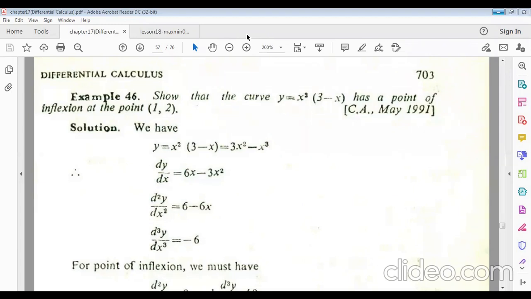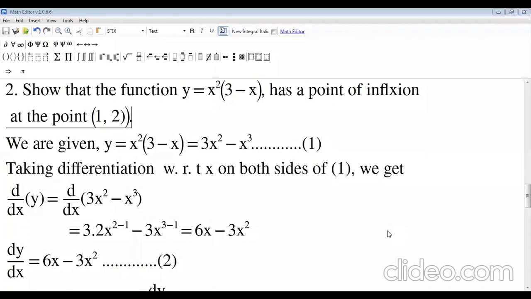We have to show that this is the inflection point. We'll use the same procedure here.